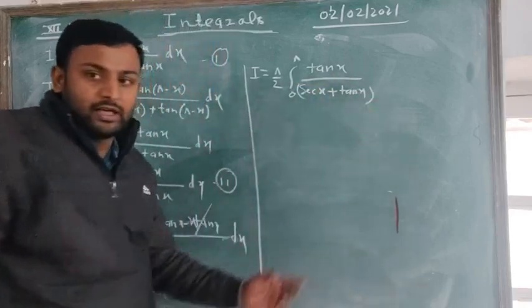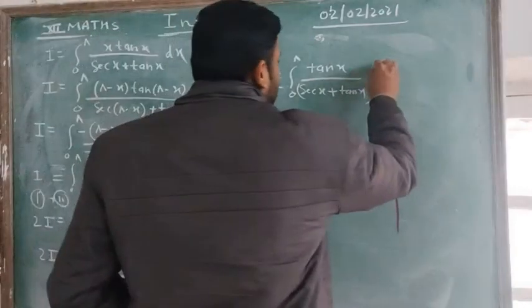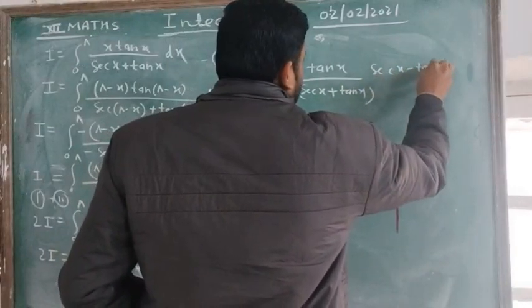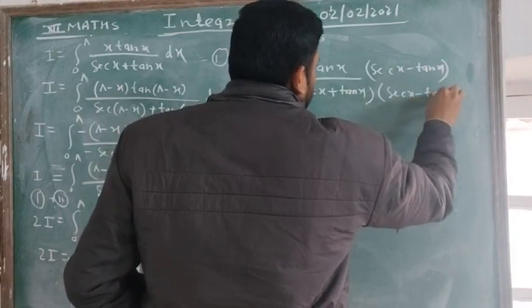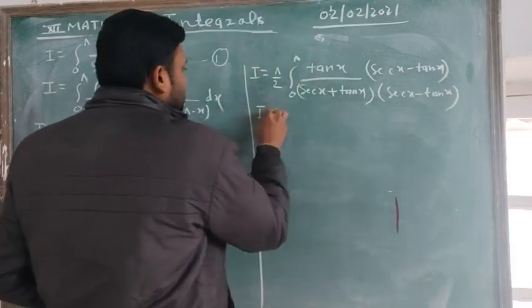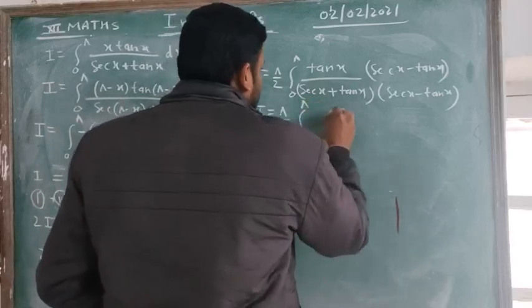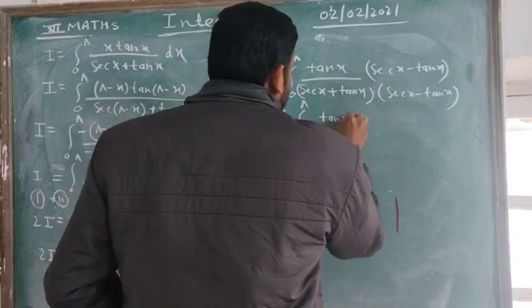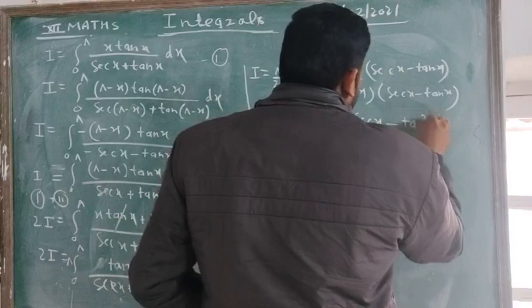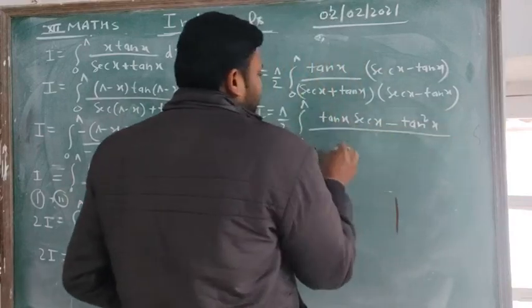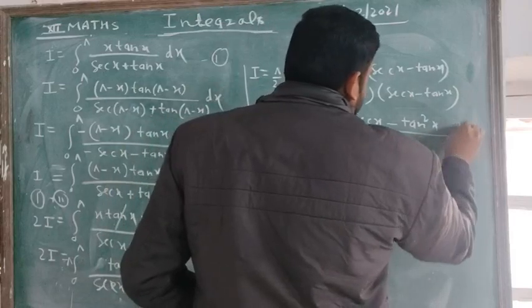Okay, and now students, we are multiplying and dividing also with sec x minus tan x. So I is pi by 2, and this is 0 to pi, and this is tan x (sec x minus tan x), and in the denominator we can write sec square x minus tan square x dx.